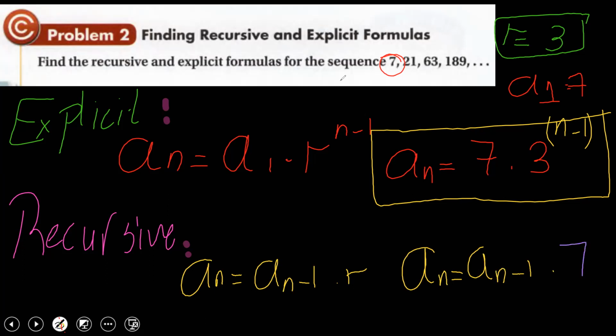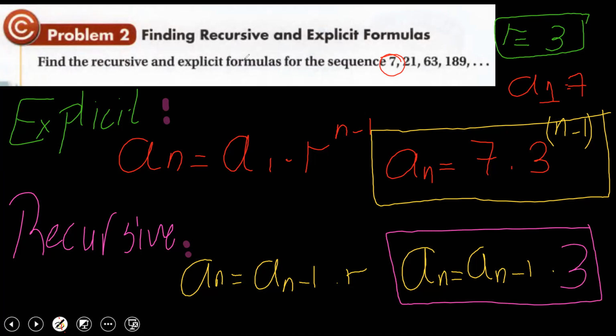It is 3. So now a sub n will be a sub n minus 1 times 3. This will be the explicit and this will be the recursive.